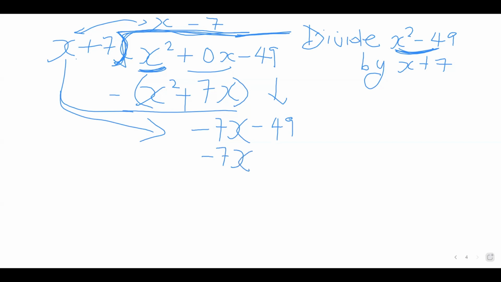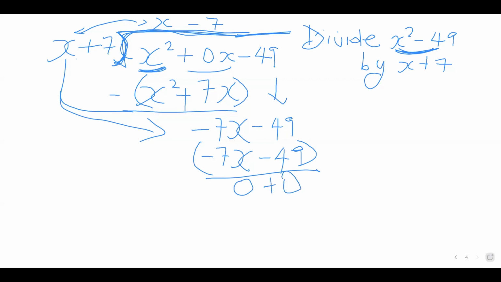And negative 7 times 7 is going to be minus 49, right? Because a negative times a positive is a negative. And so we're subtracting, and we're going to see what happens here. So the remainder is going to be 0.